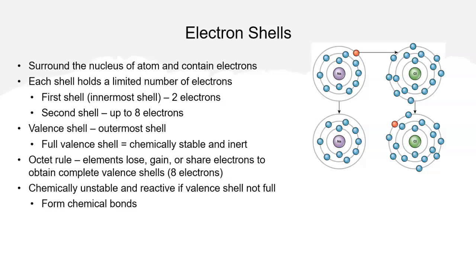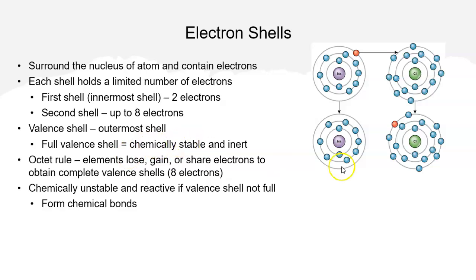Now, if that were to happen, that would mean sodium has met the octet rule. So the octet rule is what chemists call the atoms obtaining a full electron shell, valence shell, by either gaining, losing, or sharing electrons.